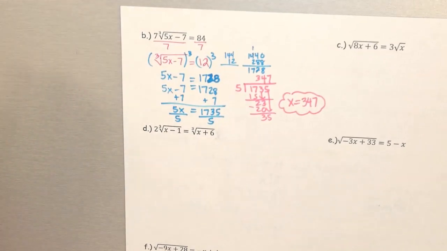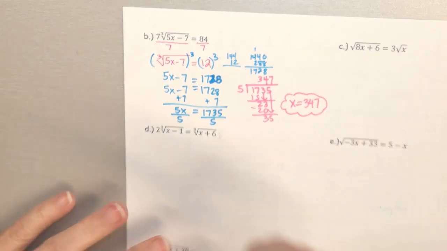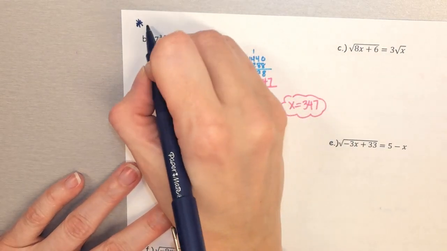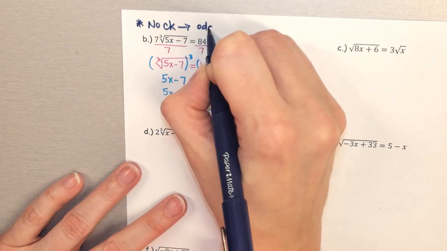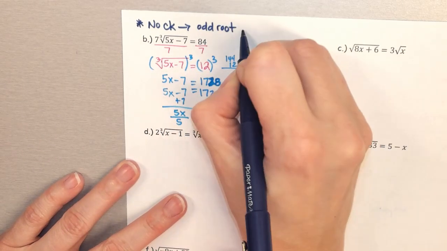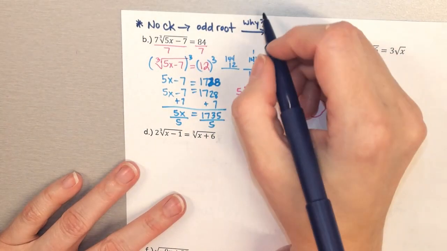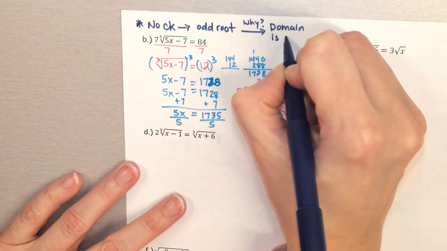Okay, so for this one, your cube root is odd. So we said that you have to check if you have an even root. You don't need to do a check if you have an odd root. The reason why is because if it's an odd root, your domain is all real numbers.